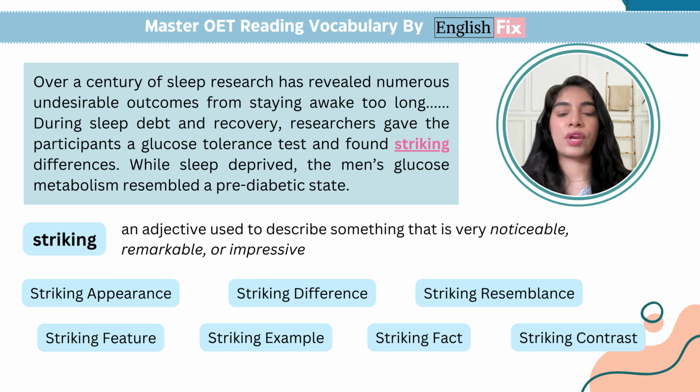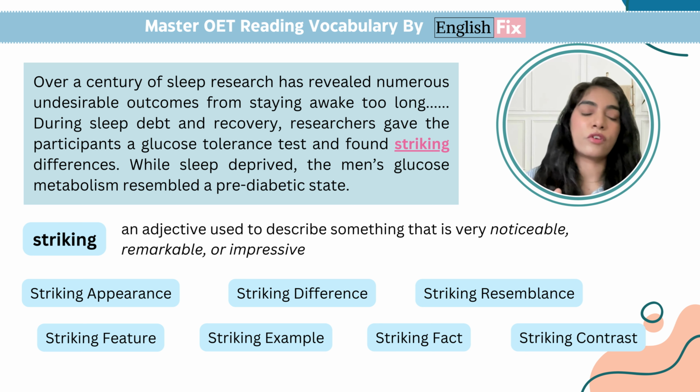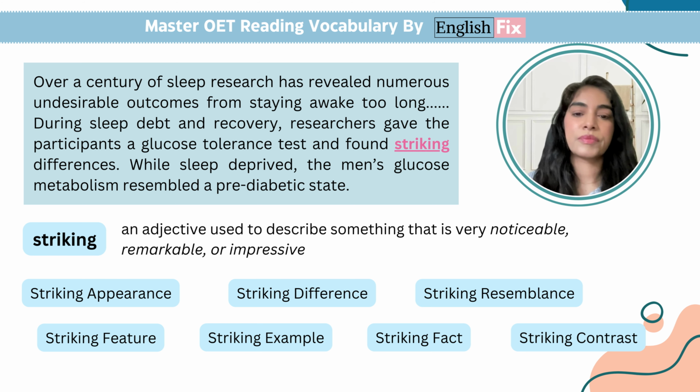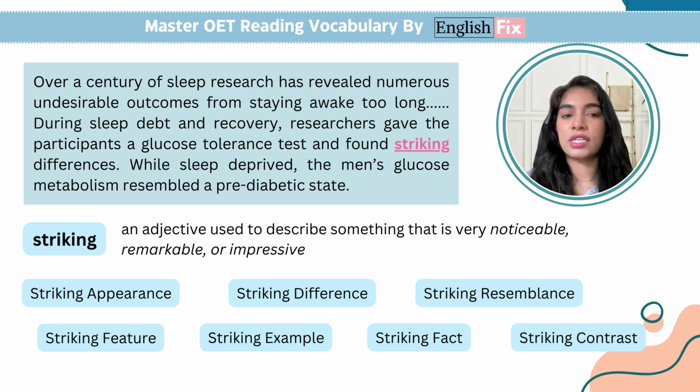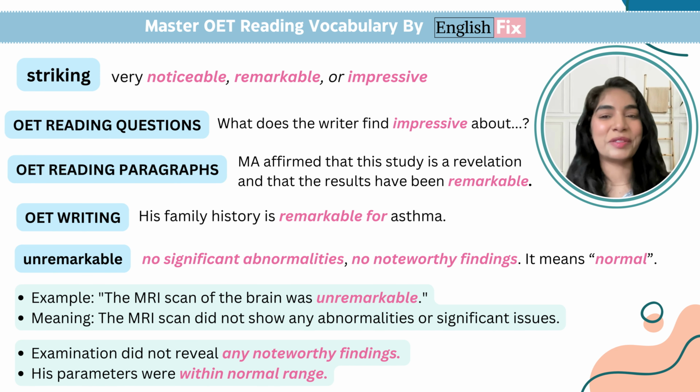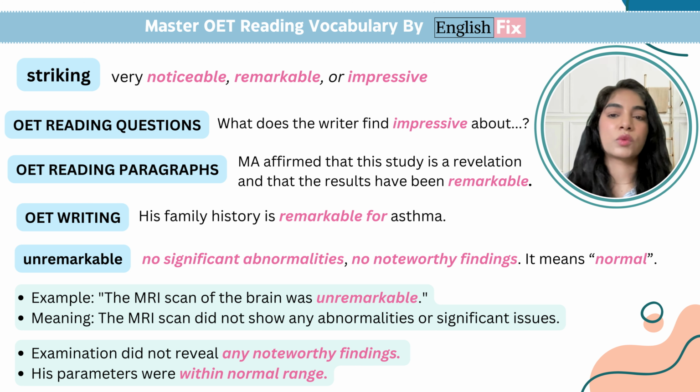Now, the word striking, because it is a synonym for very noticeable, remarkable, or impressive, can be used in your OET writing a lot. Not just can be used, it is actually used a lot. So in OET reading questions, you can get asked, what does the writer find impressive about the test results?